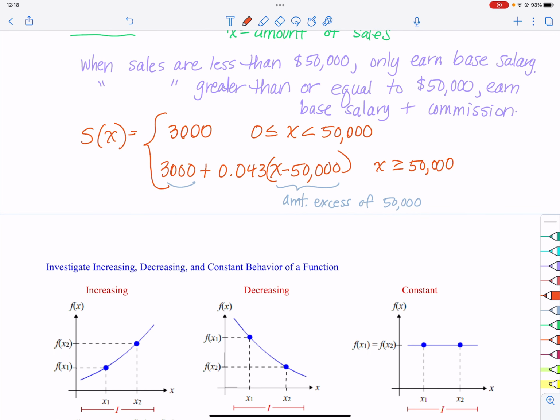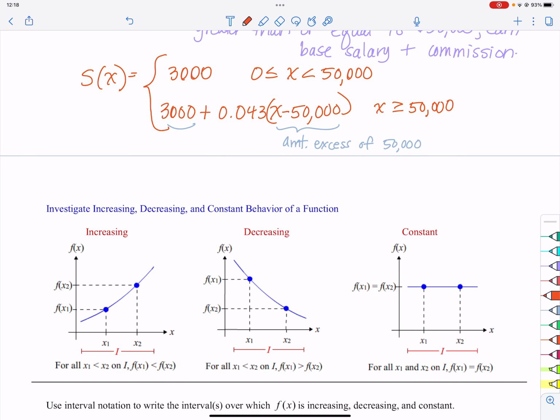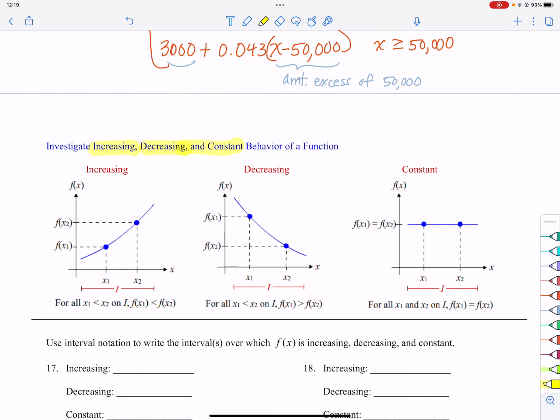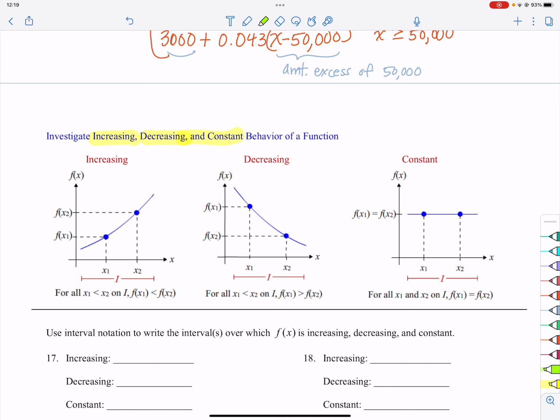Okay. And now let's talk about functions when they increase, decrease, and are constant, when they behave this way. As you can see, an increasing function from left to right is going uphill. From left to right, if the graph is going downhill, we have a decreasing function.